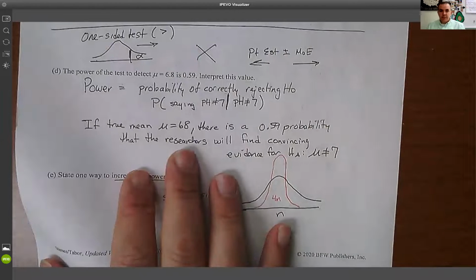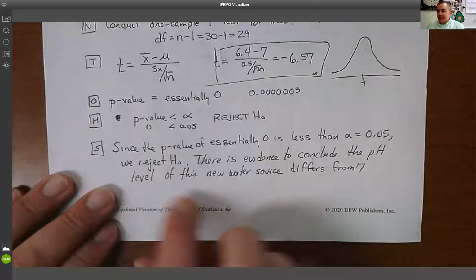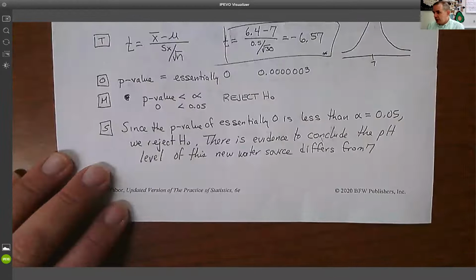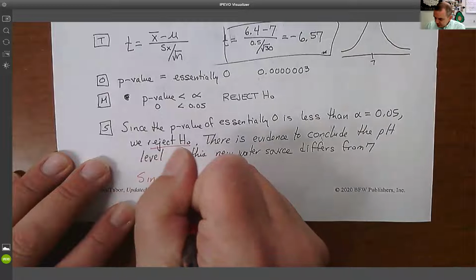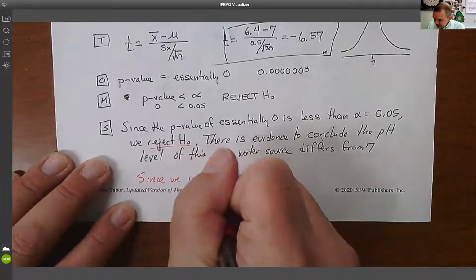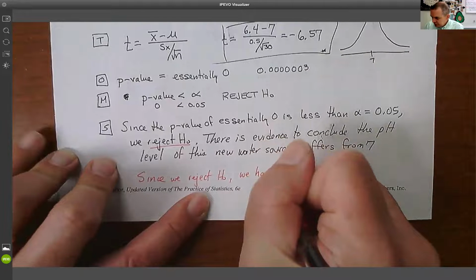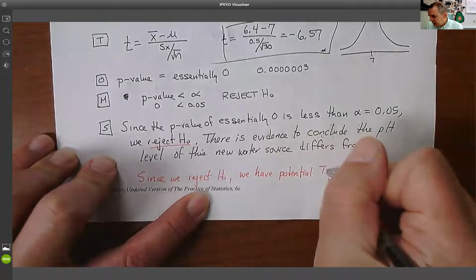We could talk about type 1 and type 2 errors here. In this case, we rejected the null. So since we rejected the null, we have a potential type 1 error.